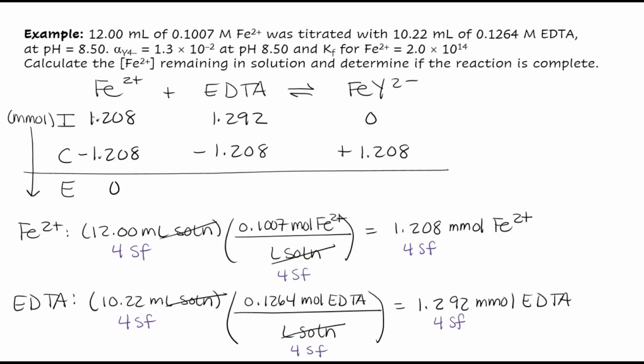The iron goes to 0, the complex goes to 1.208, and the EDTA, we calculate 1.292 minus 1.208, rounded to 3 decimal places because it's subtraction, gives us 0.084. Evaluating the E row, we have excess EDTA, excess titrant, which tells us we are after the equivalence point.